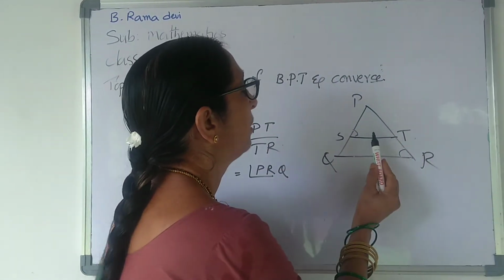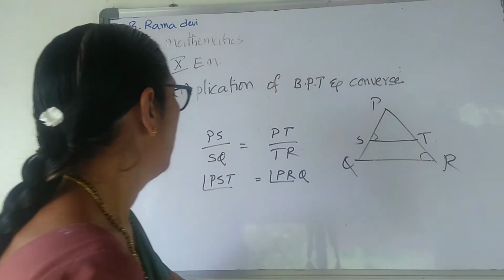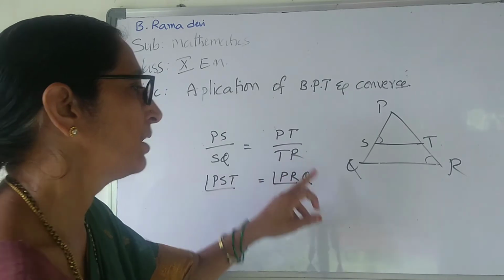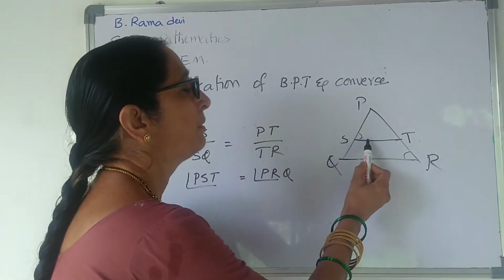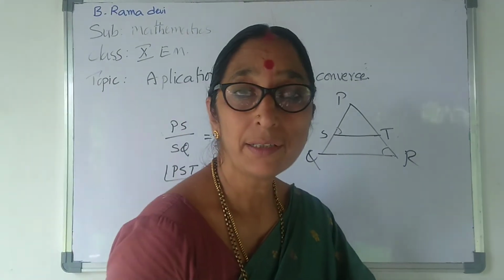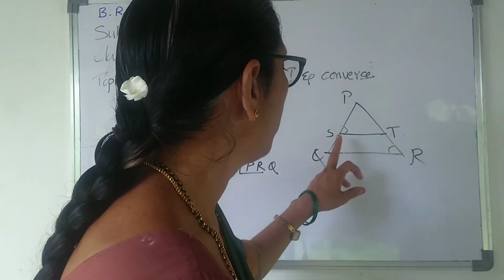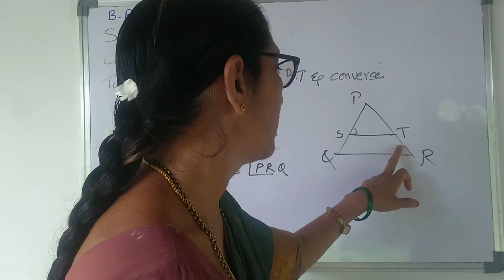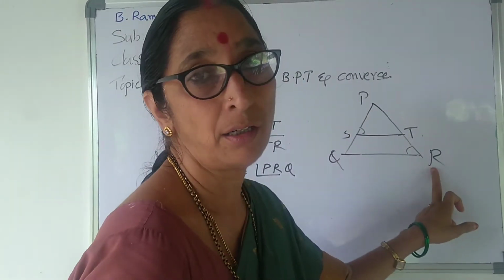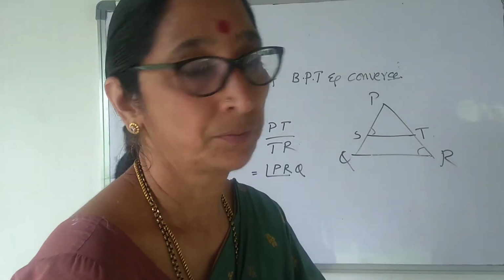Now we have PS by SQ is equal to PT by TR. It means the line ST divides the two sides, PQ and PR, in the same ratio.